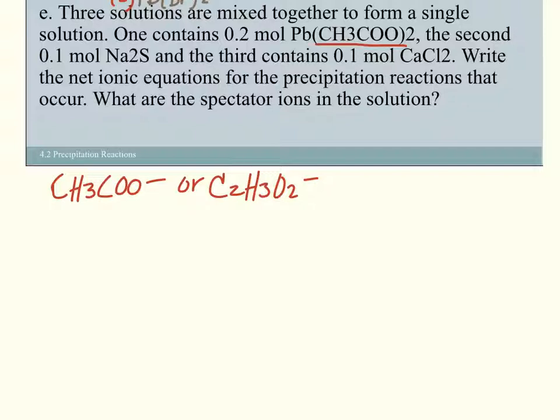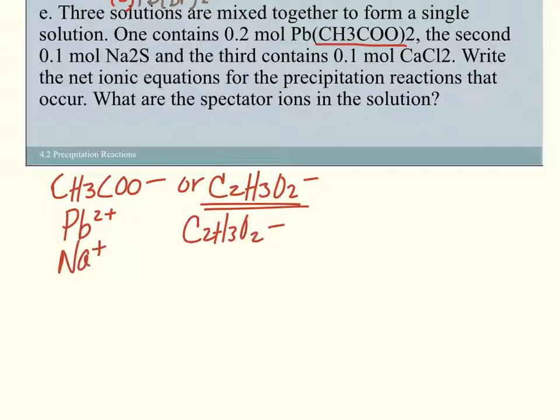So I'm going to write it this way because that's what you're used to. So what happens is we've got Pb2 plus and we've got C2H3O2 minus. We have Na plus and we have S2 minus. And we have Ca2 plus and Cl minus.